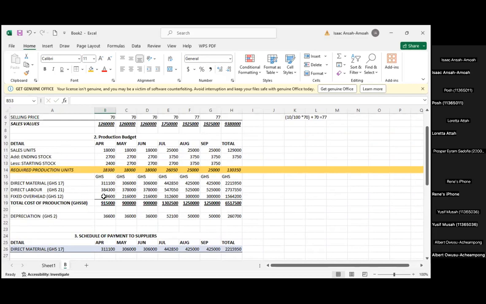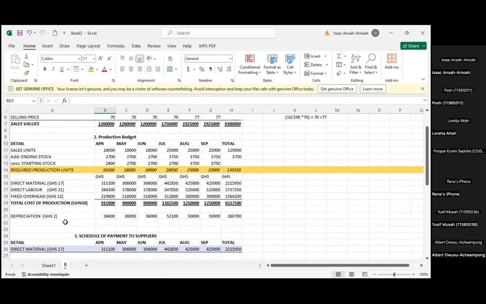This is our overhead cost. We have to take away depreciation before we report it in the cash budget, right? But we are also careful with a policy that says overhead costs are paid a month later, suggesting that after you have taken out depreciation for April from overhead for April, we have to pay for the resultant in May.